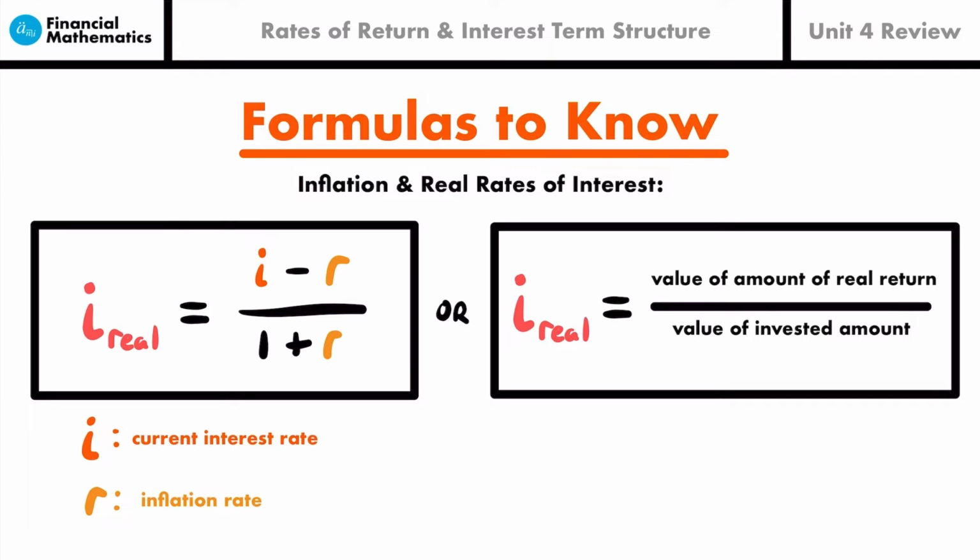All right, in terms of the math, these two equations are the same, but this is probably the one that you are going to use the most often because it is a simpler version of this formula. All right, if you're given the proper information, you know your current interest rate, you know the inflation rate, this formula is what you will use, and it's pretty straightforward. Okay, and that's really it for inflation and real rates of interest.